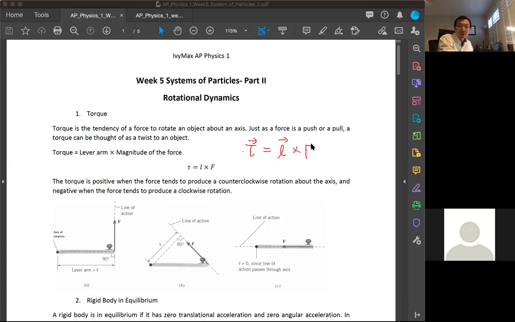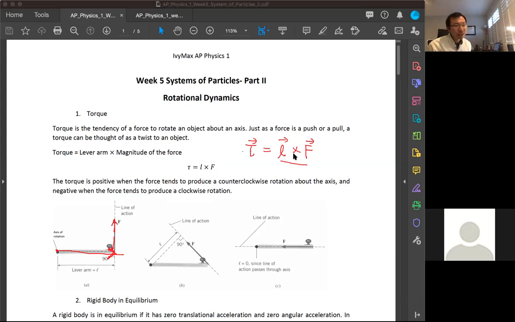The first vector is your displacement from a reference point to the point where the force acts. Your force is another vector going that way, and you can take the cross product of these two vectors. So officially, the torque is the result of the cross product.